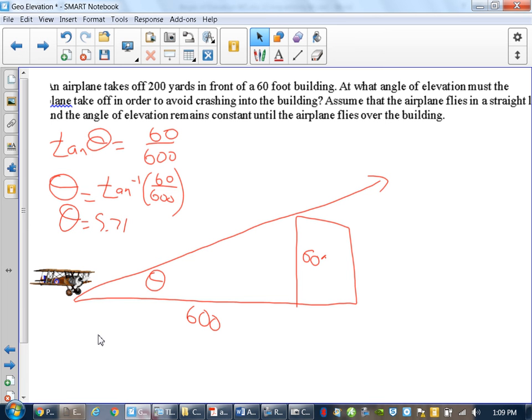So in order to clear the building, what? Why are you laughing at me? Can't you have a little bit of fun with this?